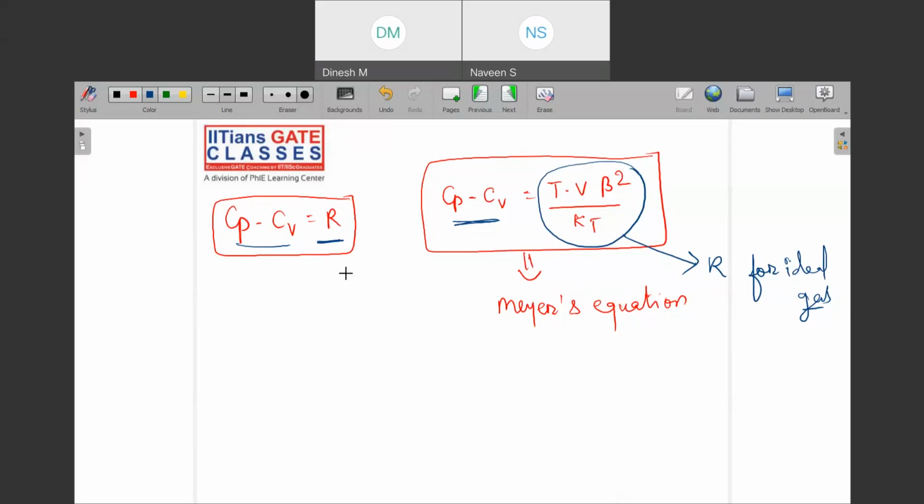So let us now try to solve some questions based on this area. We have studied properties of pure substances, and we have also seen thermodynamic relations. These two we have merged into one topic, and we have some questions based on these areas. Let us solve those questions, and then we are finished with this term.